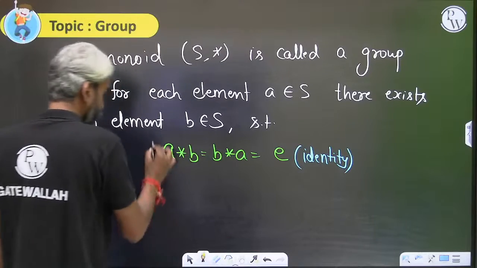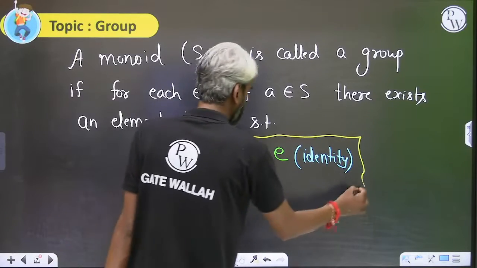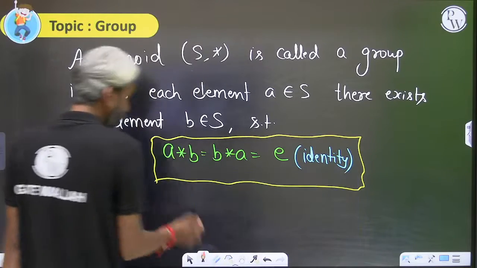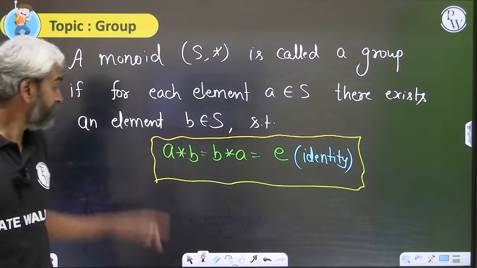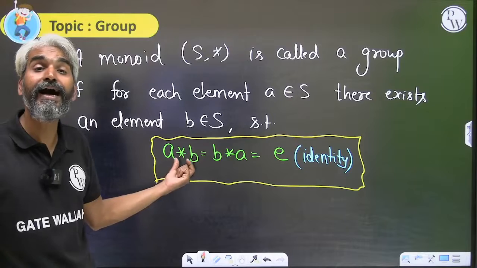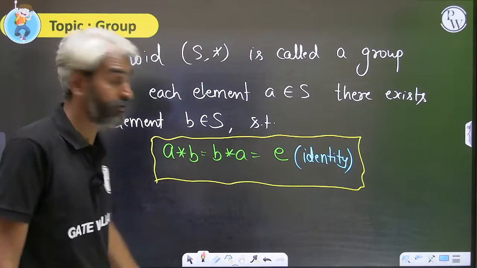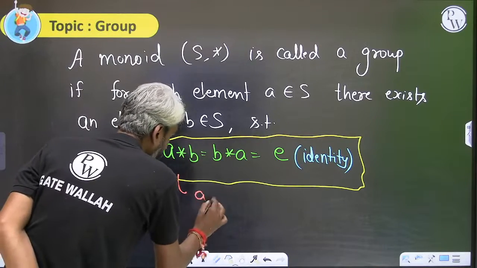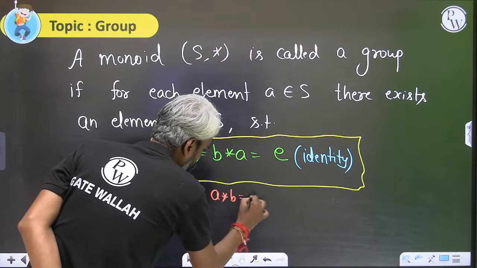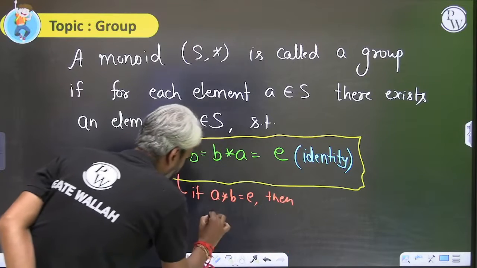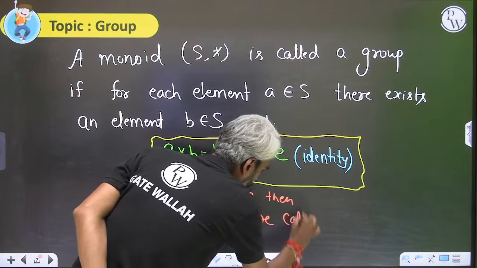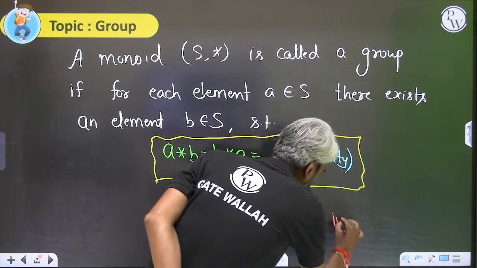So the idea is, if A asterisk B equals B asterisk A equals the identity element, then A and B are called inverses of each other.